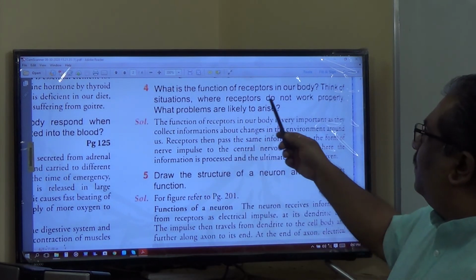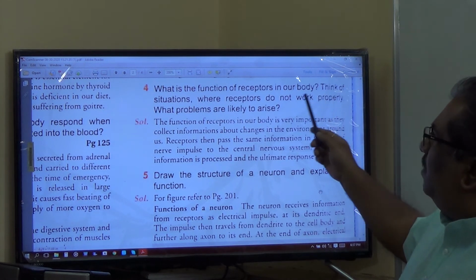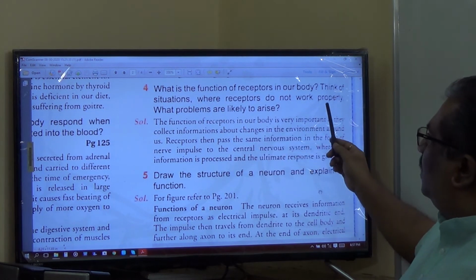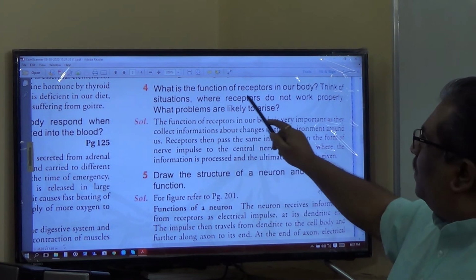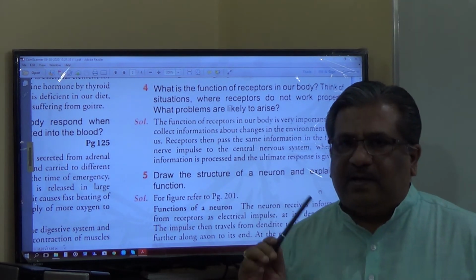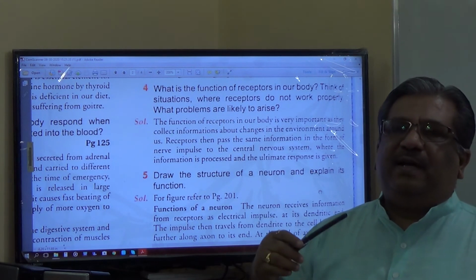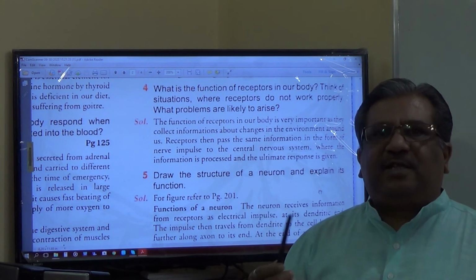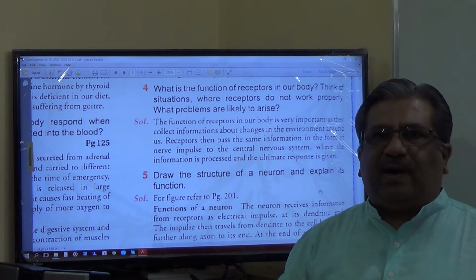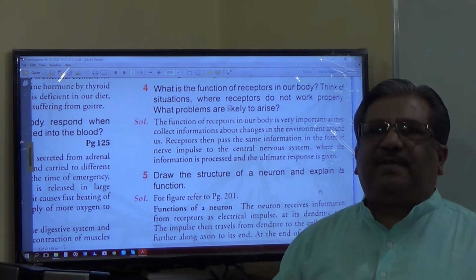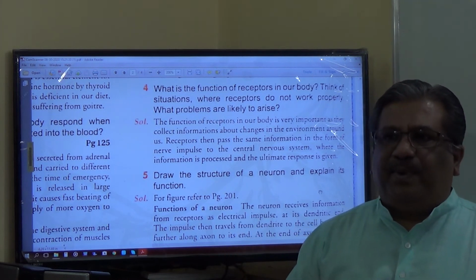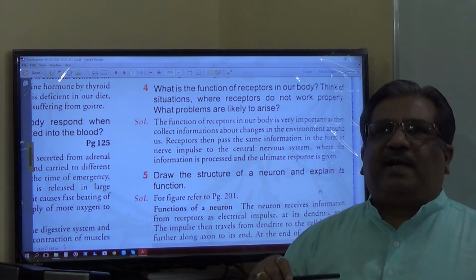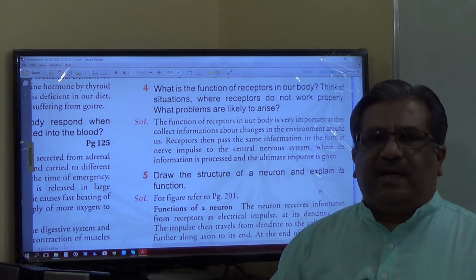What is the function of receptors in our body? Think of situations where receptors do not work properly and what problems are likely to arise. Receptors sense the information, sense the stimulus, which is a change in the environment, and convert that information into nerve impulses, which are transmitted to the brain via sensory neurons.